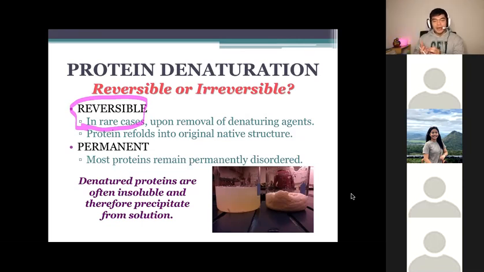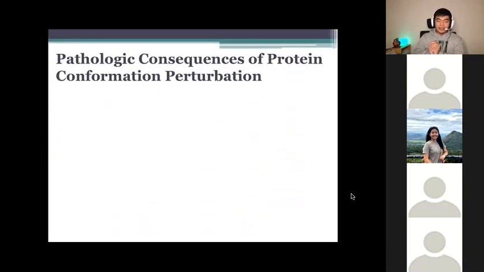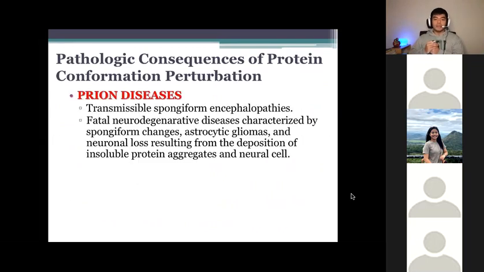Pero syempre, may mga pagkakataon that the body cannot anymore regulate proper folding. That's why diseases happen. In connection to that, let us tackle the different pathologic consequences of protein conformation perturbation, meaning misfolding of proteins. So meron tayong iba't ibang klase ng sakit that can be attributed by misfolding of proteins.